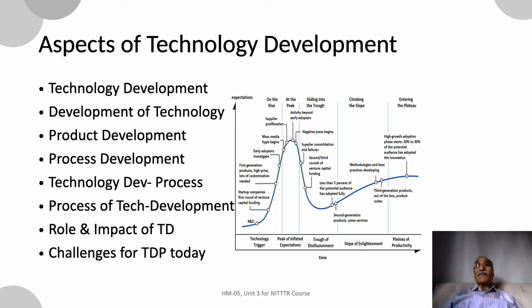And the process of technology development gets converted into a new generation of products, and that has its own role and impact on the society, on the culture of the society, and on the growth and economic development of the society. But it also simultaneously brings in various challenges.